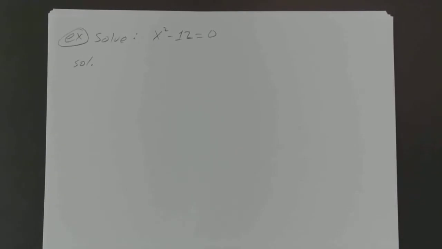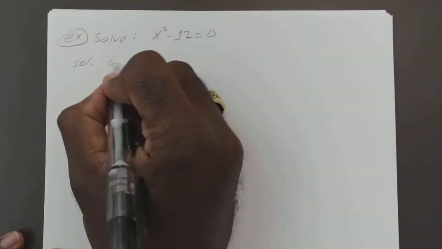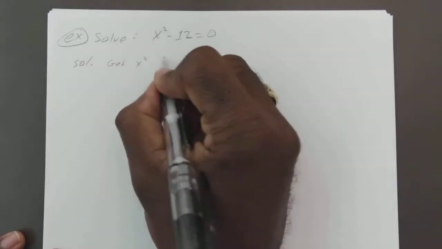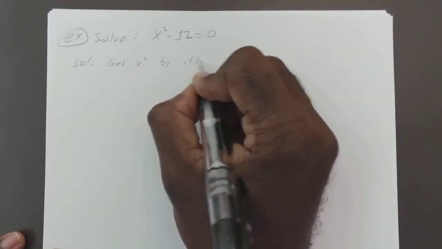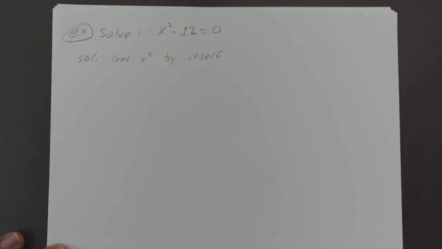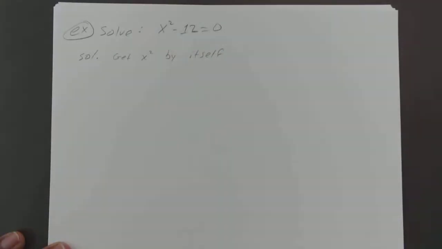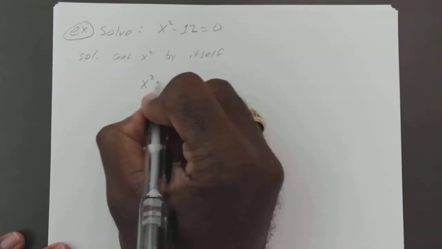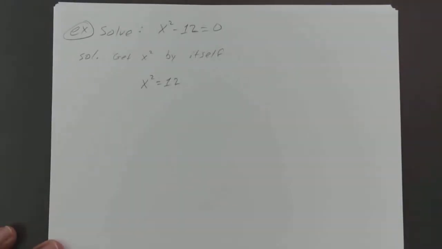Okay, so really all we'd have to do is just get the x squared by itself. So if we add 12 to both sides, we have x squared equals positive 12.